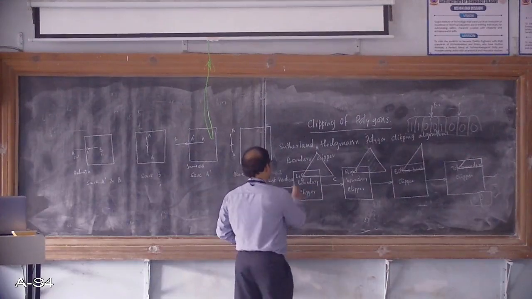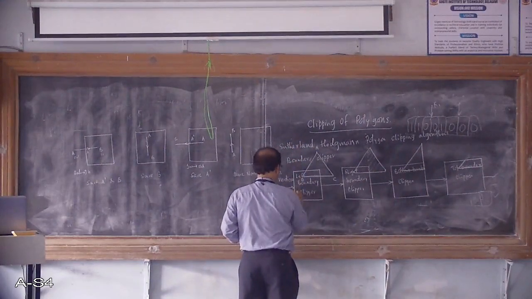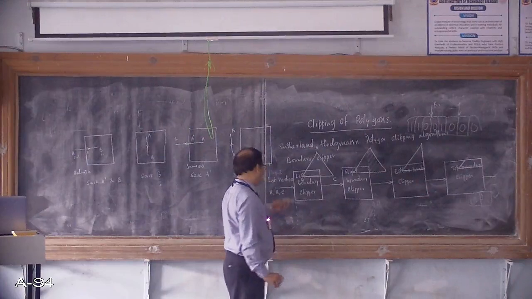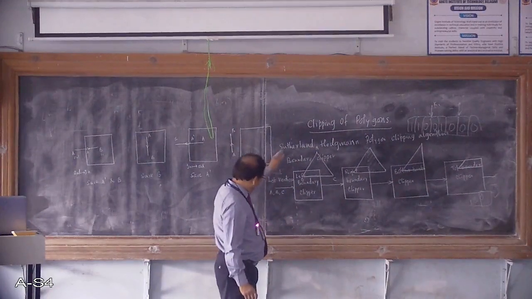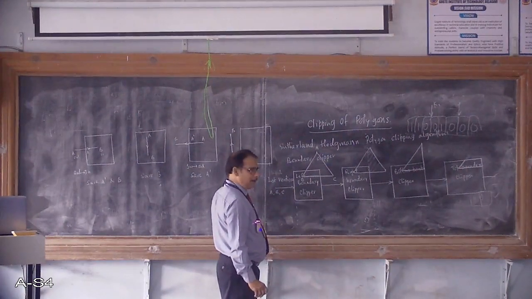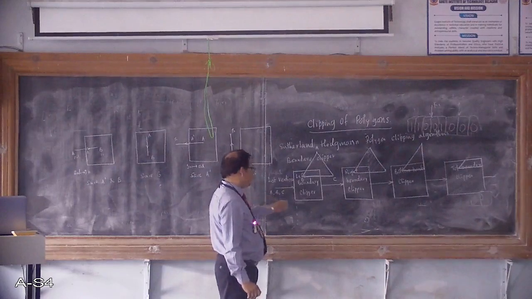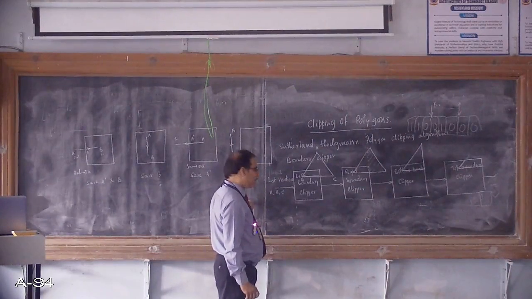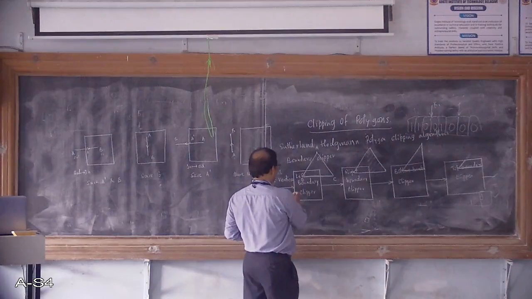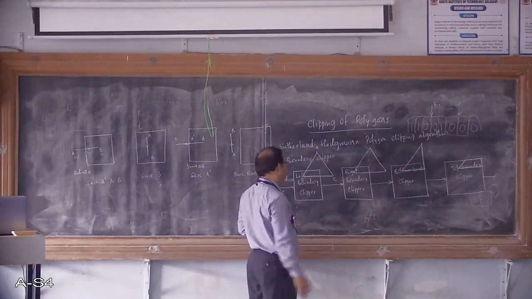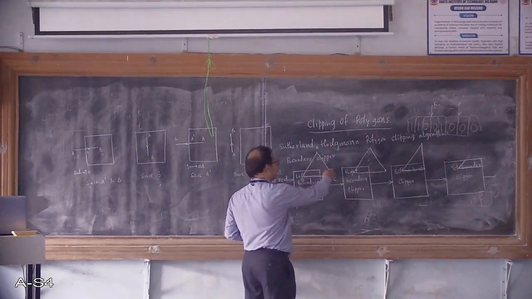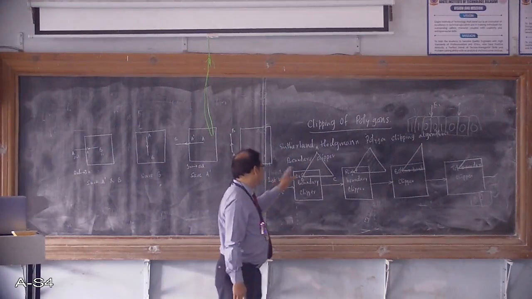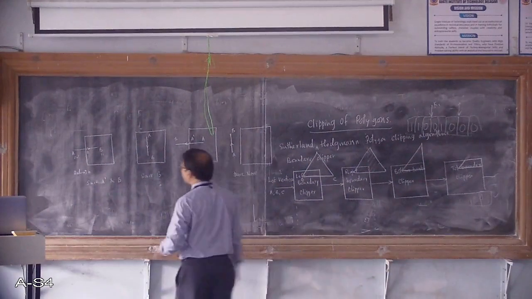Now the left boundary is lying here. Anything to the left of this boundary is required to be eliminated because that is outside the left boundary, and any object lying towards the right is required to be retained because it is a visible portion.